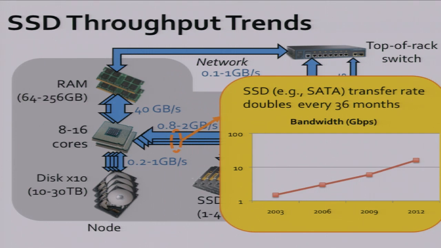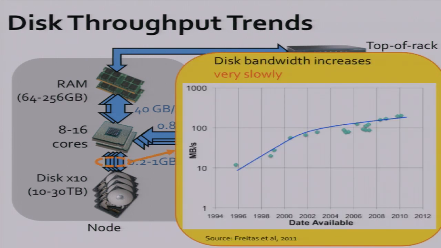And the SSD, assuming again a SATA interface, the transfer rate doubles every 36 months. Okay, so everything here doubles over some time interval. One of the exceptions is the disk bandwidth, which increases very slowly.